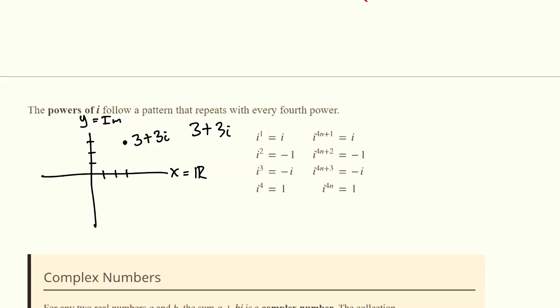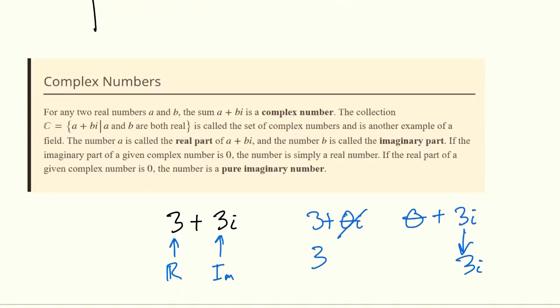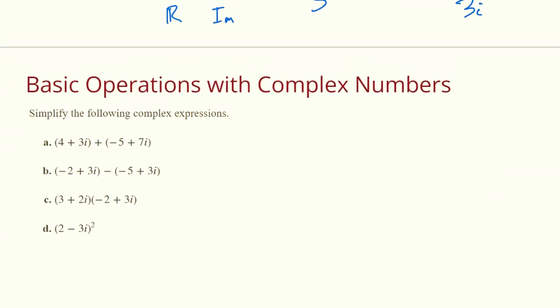Okay? So, continuing on. Let's look at some basic operations. Because these are extensions of the real world, we can expect them to behave the same way. So we're almost in a review of 1.3 now. Okay?